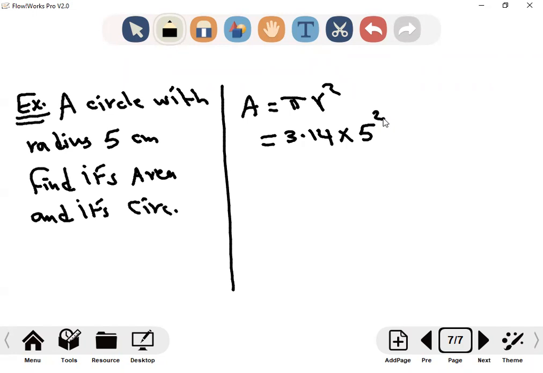So first we do the exponent. It will be 3.14 times 25. Using your calculator, 3.14 multiplied 25, it is 78.5.